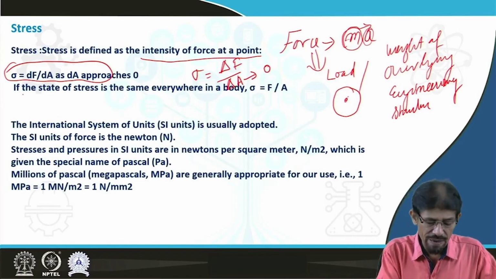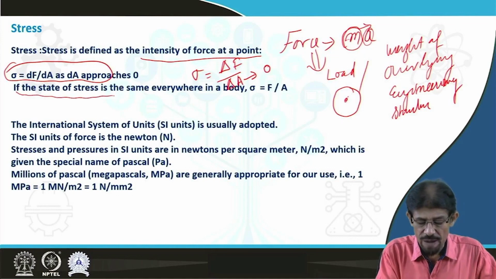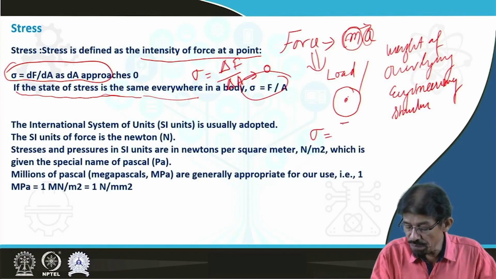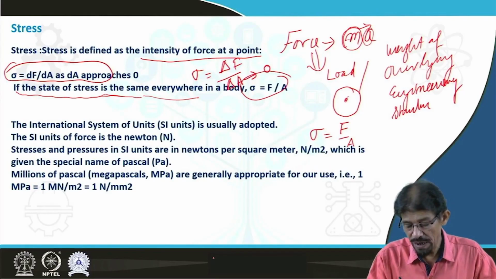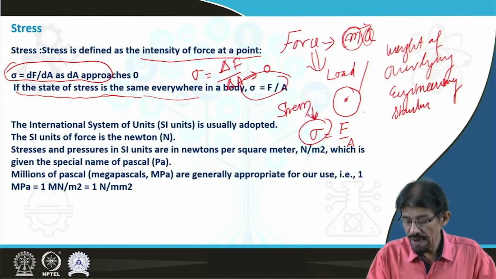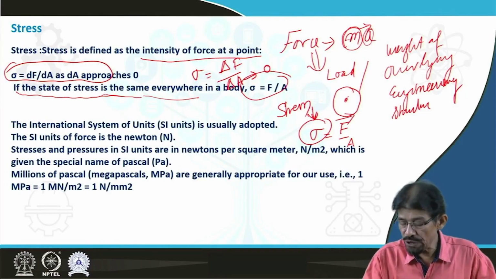Here one condition: the state of stress should be the same everywhere. Then we can consider that stress is equal to simply force by area. Stress we denote by the letter sigma. This force, as you know, is a vector in nature.